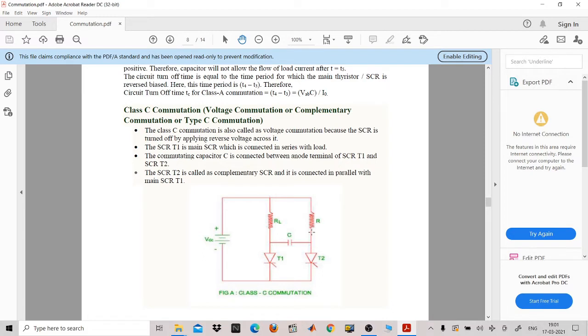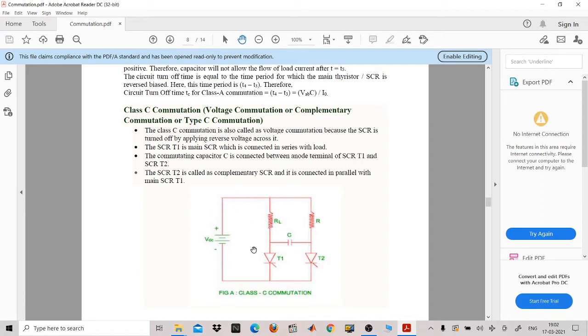Similarly, if T2 is on continuously and you want to turn T2 off, you have to provide a gate pulse to T1. So this is the complementary commutation. For turning off T1, you provide a gate pulse to T2, and for turning off T2, you provide a gate pulse to T1. We will try to understand this class C commutation in a more detailed fashion.